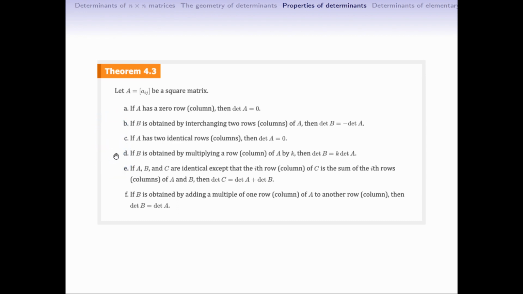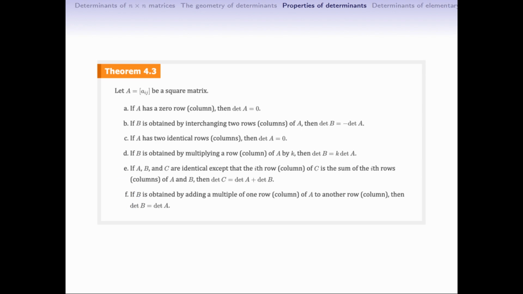If B is obtained by multiplying a row or a column of A by K, then the determinant of B is K times the determinant of A. So that's the effect of a type 2 operation. And finally, property F: if B is obtained by adding a multiple of one row or column of A to another row or column, then the determinant of B is equal to the determinant of A. That's showing us the effect of a type 3 operation.